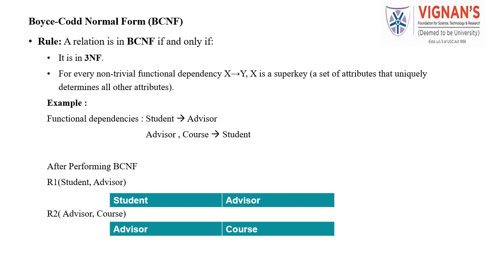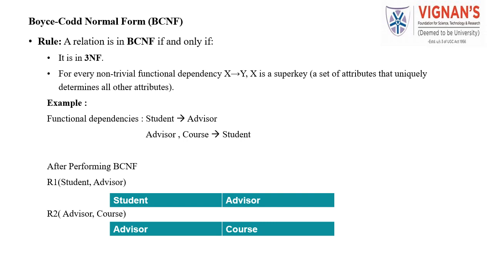But advisor, course determines student causes a problem. Here, advisor alone is not a superkey. Yet it is determining student along with course. So, this relation violates BCNF, even though it may satisfy 3NF.